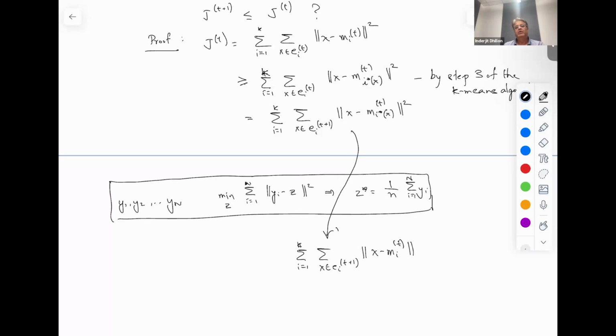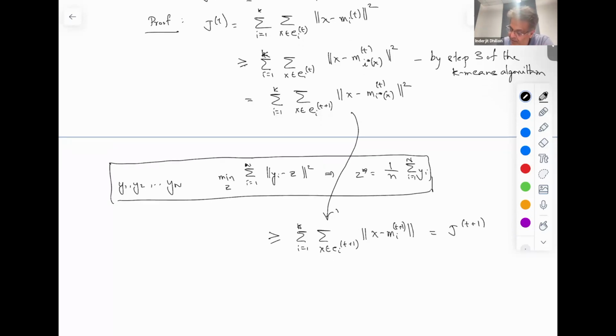Now I'm recalculating the mean for all these points. And because of this property, the new mean, sorry, I made a typo, the new mean is mi of t plus 1. This holds. And this quantity is exactly j of t plus 1. Okay, so that completes the proof.